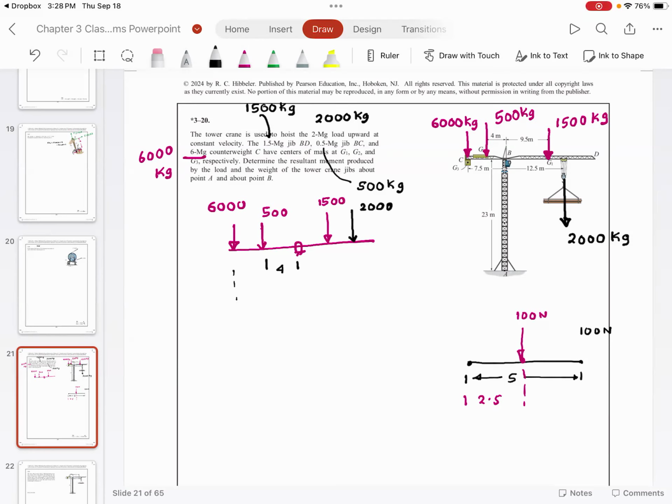This distance is 7.5. This distance is 9.5, and this distance is 12.5.